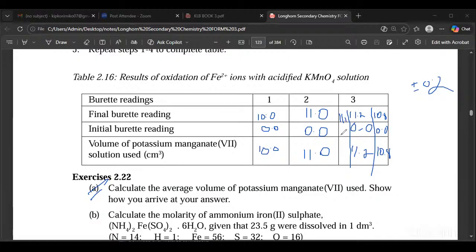So the answers that you get should have a difference of plus or minus 0.2, na pia inaweza kuwa ya hii, so unaweza pata 9.8 ama 10.2 when you come to the lower side, which I normally advise students to use the lower side. If you use the lower side, the better.